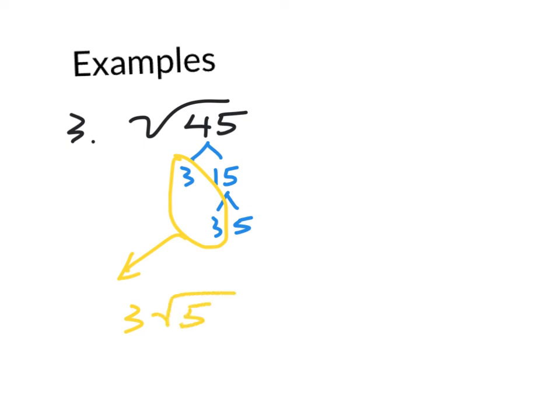The 5 is the number that's remaining here. Now, I'll show you that with some different numbers. If you know that 45 is 9 times 5, all right, so we could have done 9 times 5. Well, 9 is a perfect square. The square root of 9 is 3.